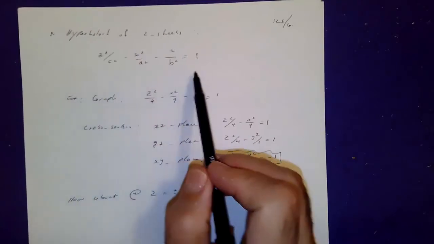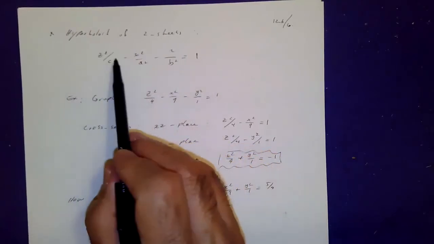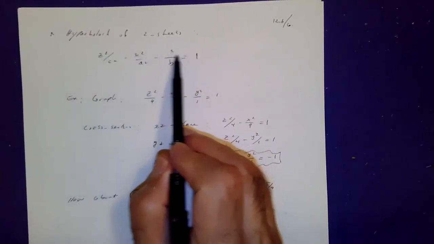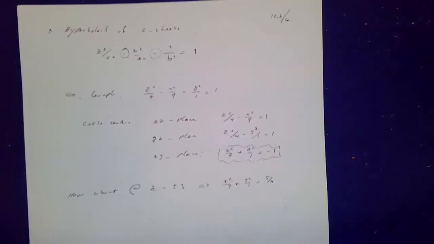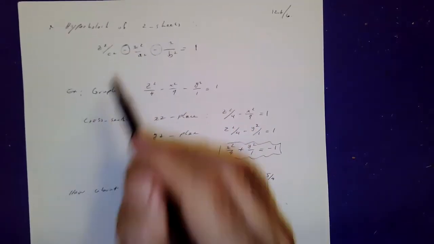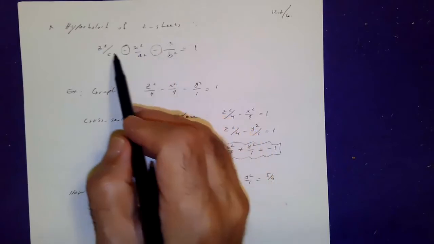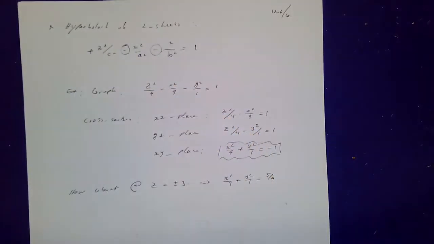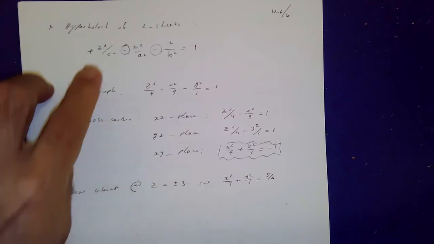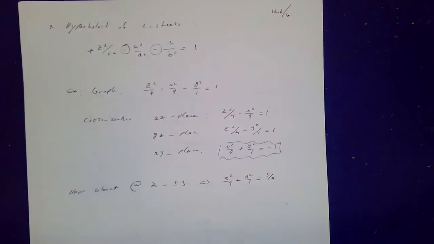Notice, contrary to the previous example, all the variables have powers of 2, but now you have 2 negatives. Do you see it? Instead of 1 negative, you have 2 negatives. And the variable which has a positive coefficient is the axis along which the sheets will open up.